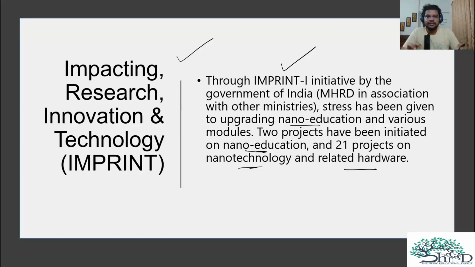So under this scheme, Ministry of Human Resources and Development, basically the name has changed now, projects have been started on nano education. So basically making people aware about it. So this tells you that under this scheme, even the government is aware and trying to increase the capacity or trying to build the human resource.